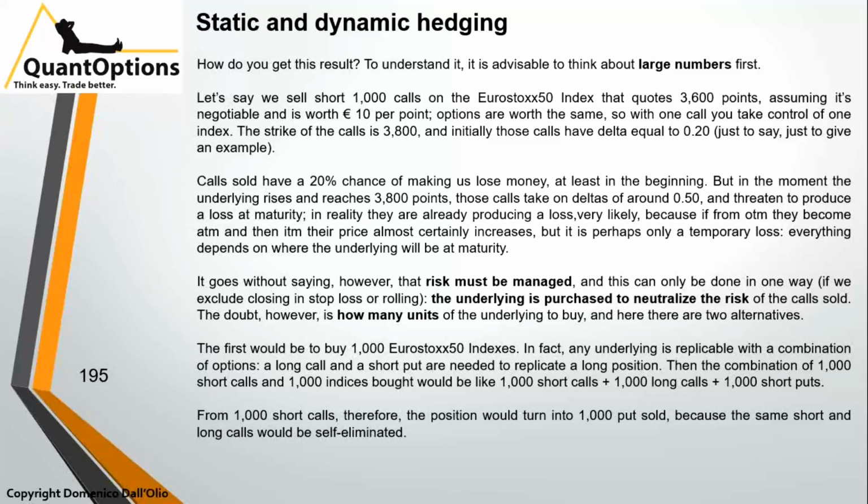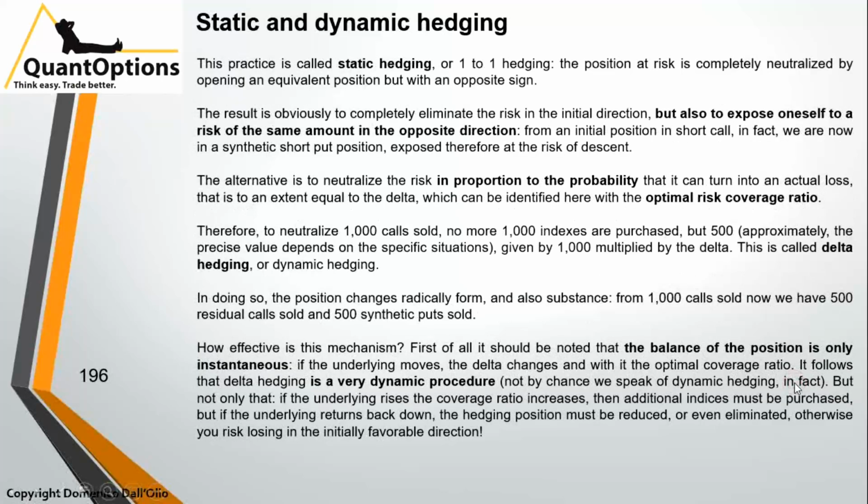And from 1000 short calls, therefore, the position would turn into 1000 puts sold, because the same short and long calls would be self-eliminated. These 1000 short calls would be self-eliminated with these 1000 long calls. And what would remain would be 1000 short puts. That's it. This practice is called static hedging or one-to-one hedging.